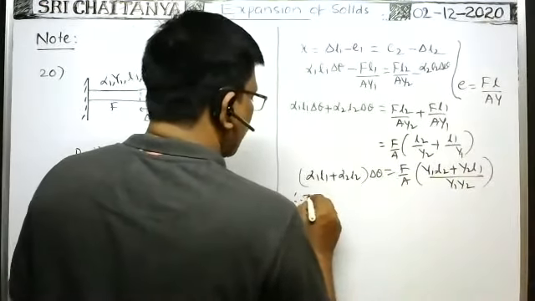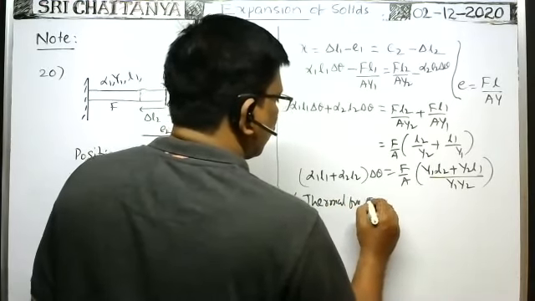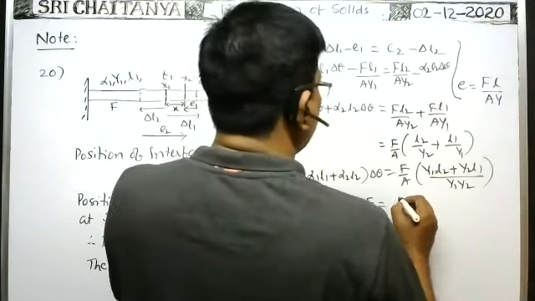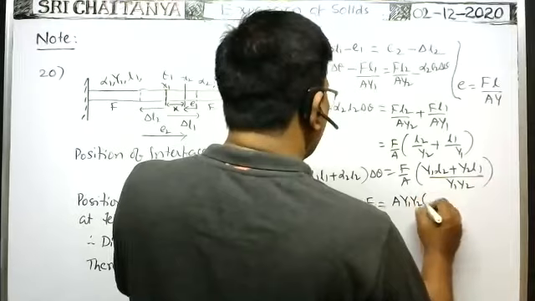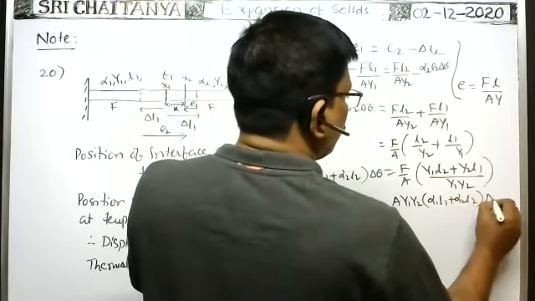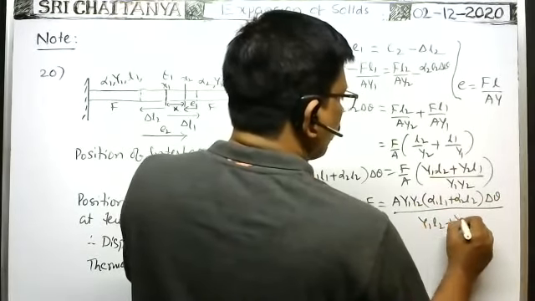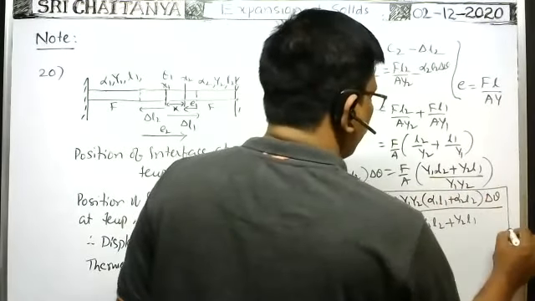Therefore, the thermal force F developed in the composite rod, you bring all to the left. F is equal to A into Y1 into Y2 into alpha 1 L1 plus alpha 2 L2 into delta theta, whole by Y1 L2 plus Y2 L1. This is the formula for thermal force.